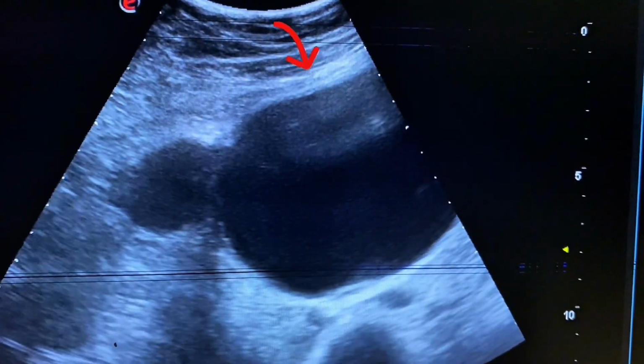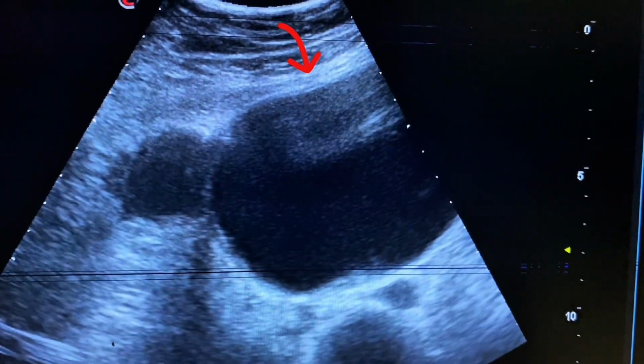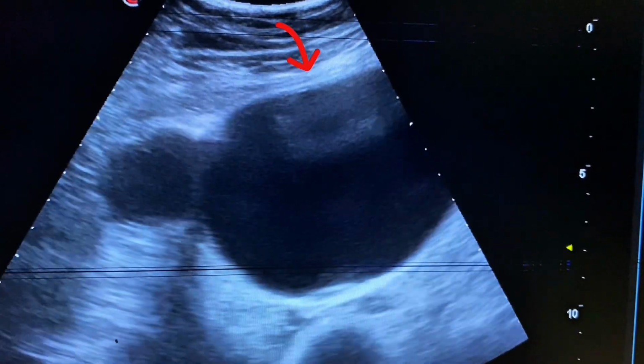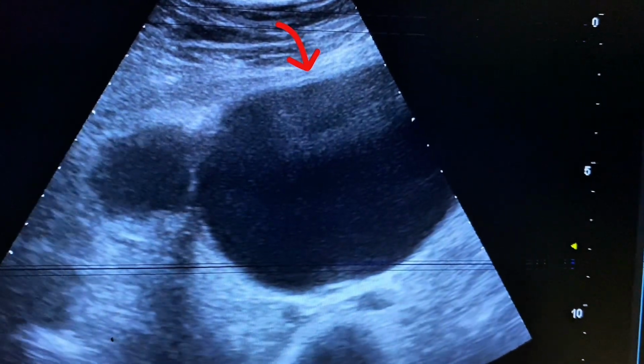When we compress this cyst, the patient feels no pain. So we continue scanning to rule out the cause of pain.